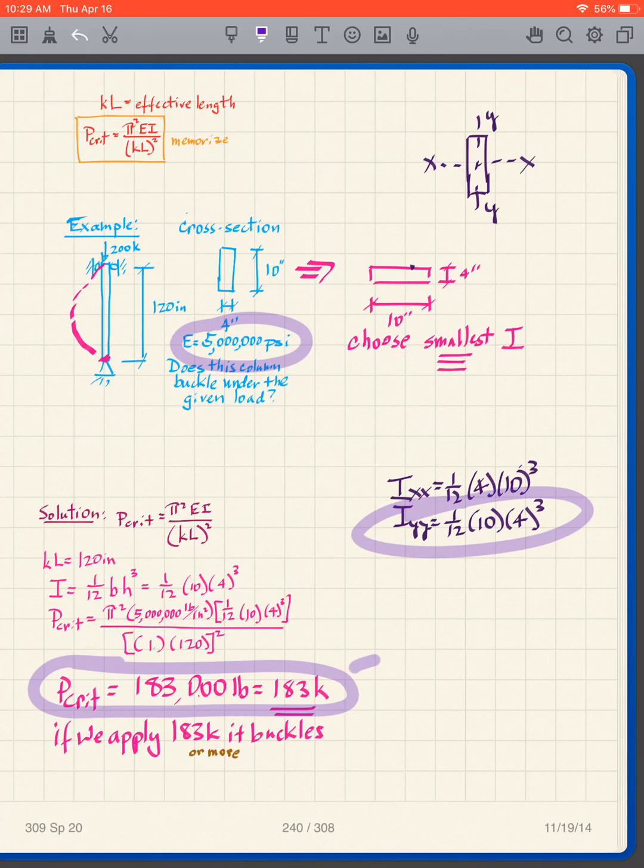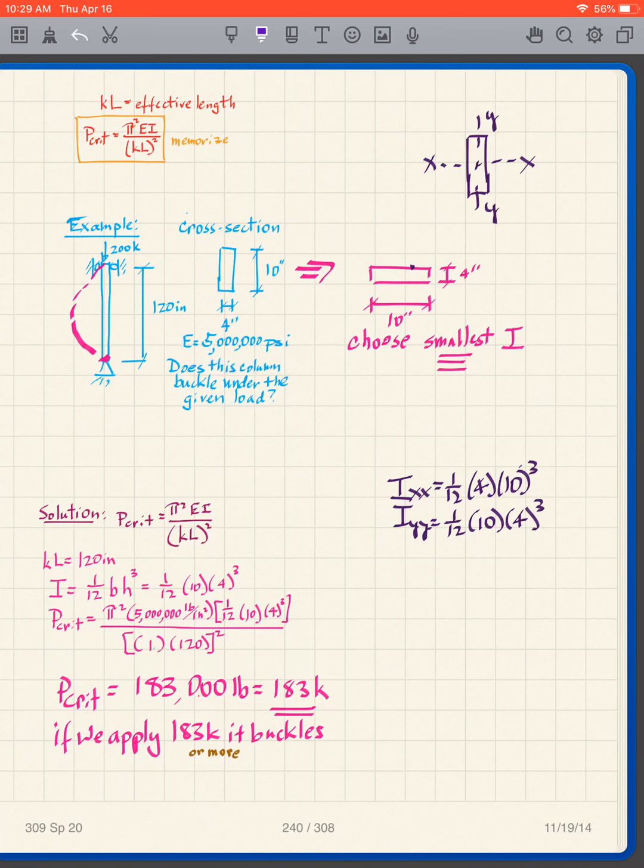So you say, okay, I'm using a column that's got a P critical of 183. Now I'm going to look at my load. I'm applying 200, which is more than P critical, and therefore this one buckles. So the answer is yes, that buckles.